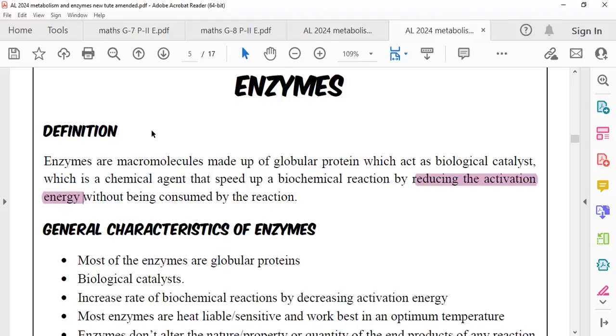If you have that much energy, you can overcome your barriers and complete the performance, enter the university. Clear?